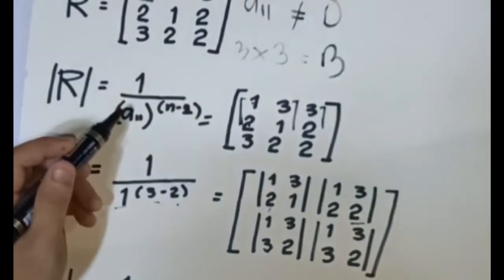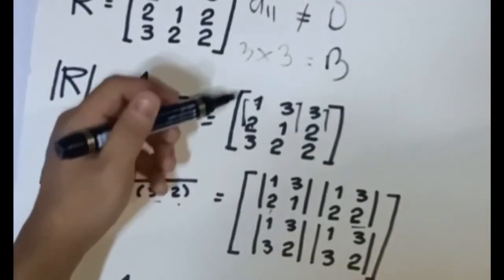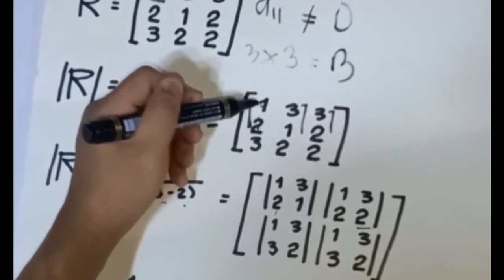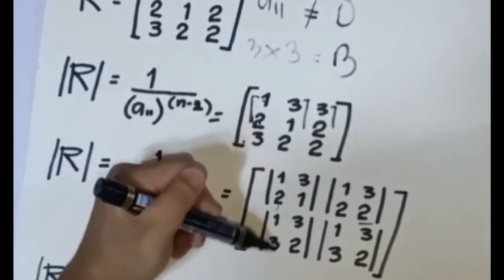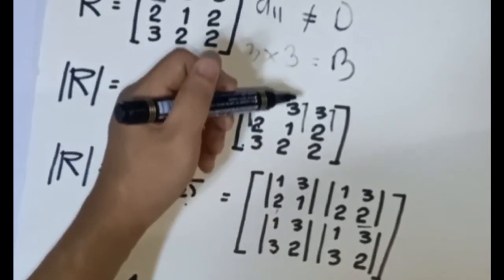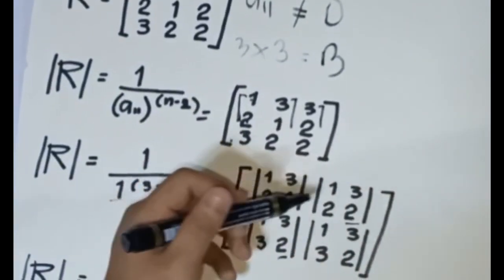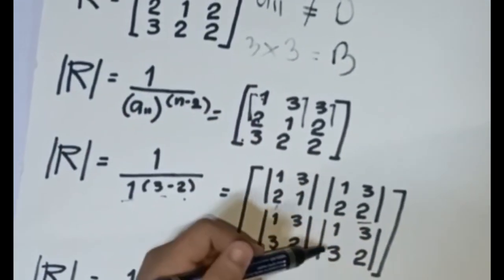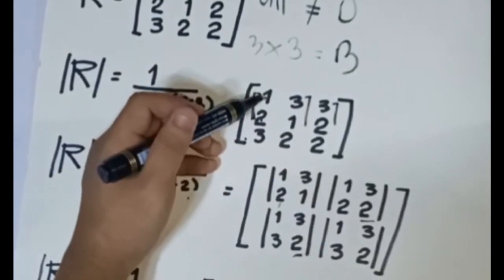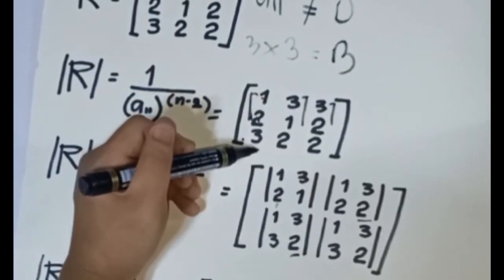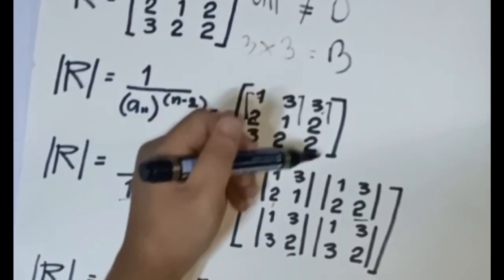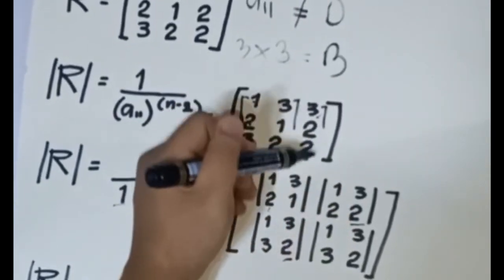For the third group element, we will use the first and third row, which is 1 and 3, and the second and third row on the second column, which is 3 and 2. For the fourth group element, we will use the first and third row of the first column and the first and third row of the third column, which is 3 and 2.